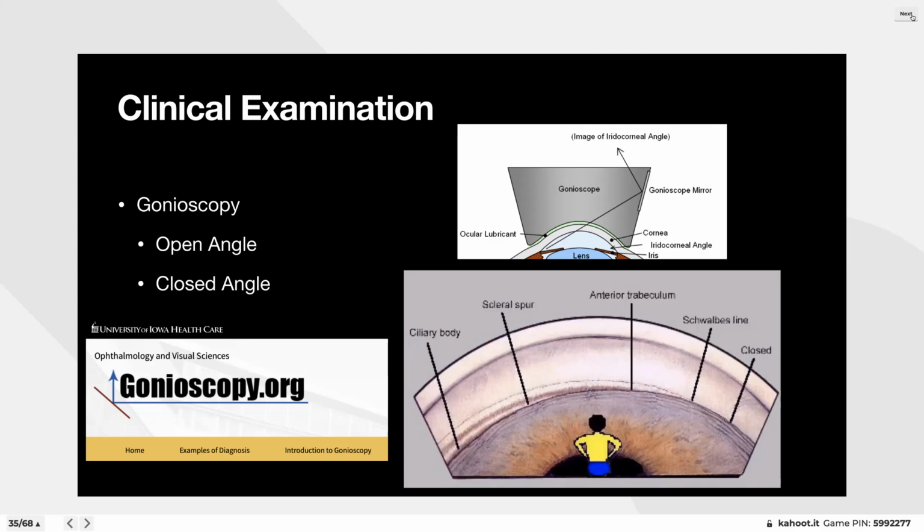It's an absolutely fantastic resource for learning about gonioscopy and how to differentiate different presentations on gonioscopy. To keep things simple, gonioscopy is what's used to directly visualize the angle behind the cornea and in front of the iris to determine if the angle is open or closed.